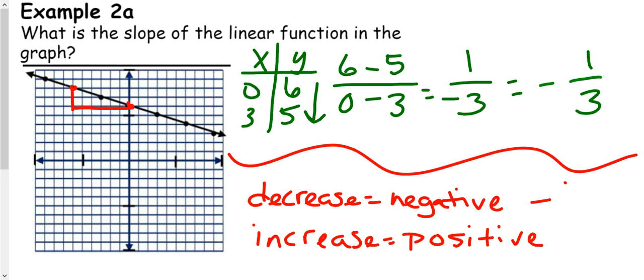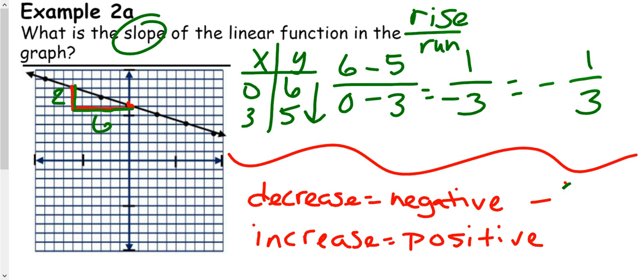And then I'm going to count how many spaces up and down. So here is 1, 2. And over here is 1, 2, 3, 4, 5, 6. And so if you think about, remember we talked a lot about slope being rise over run, right? Which one of those, 2 or 6, would be my rise?